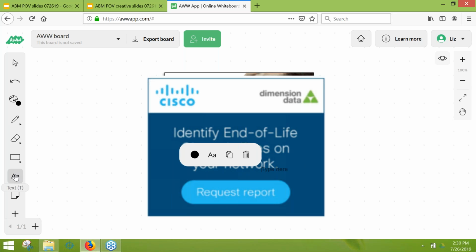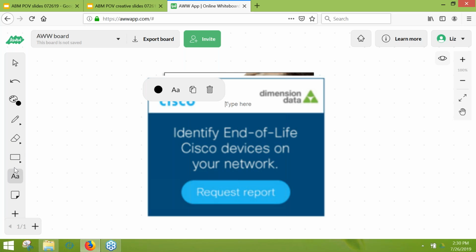So to your point, this is personalization in the sense that, let's say the target account in this case is somebody like AT&T, and let's say Cisco is trying to serve up ABM ad messages to AT&T. Then they can also dynamically populate within the ad unit their strategic partner that services that particular account, in this case, Dimension Data.